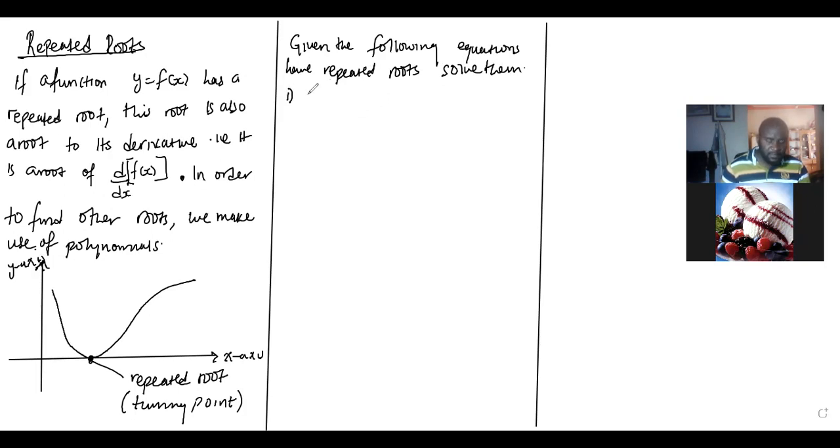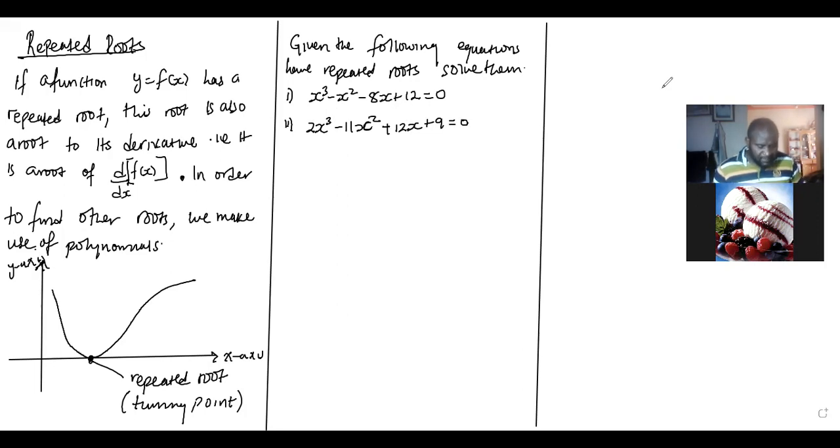So the first one, x cubed minus x squared minus 8x plus 12 is equal to 0. And the second one, 2x cubed minus 11x squared plus 12x plus 9 is equal to 0.